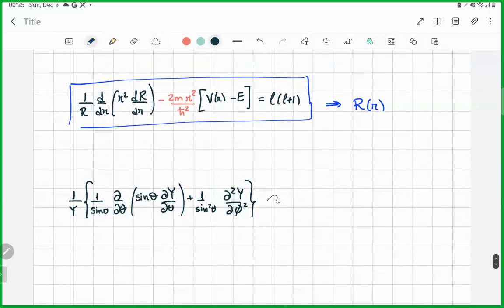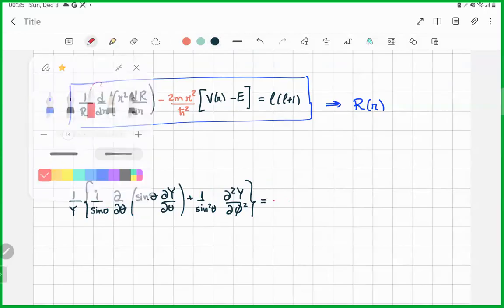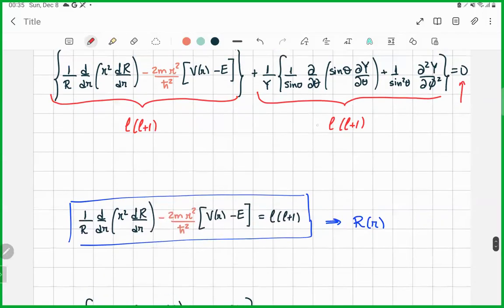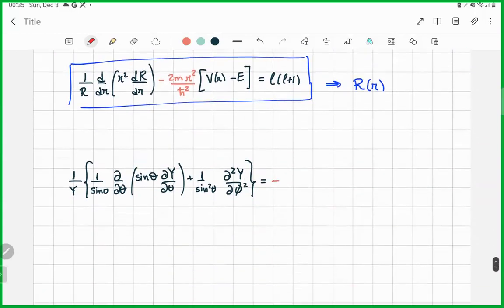And this is equal to, careful, there is a minus sign in this story, so don't forget. Here, I forgot. So there is a minus sign there. That's the only way for us to get 0 there. Okay, so this is a minus sign L plus 1. And when we solve this equation, we are going to get the part that depends only on the angle.